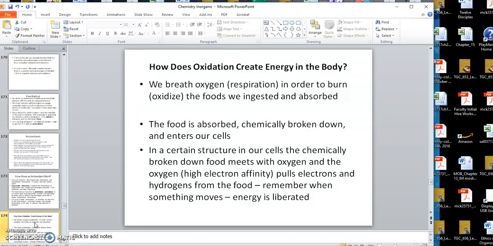Oxidation in our body creates energy. Remember, energy is the capability to do work. Work is force times distance, so you have to move something. Because oxygen, nitrogen, and phosphorus can move electrons, then in a way you're liberating energy.